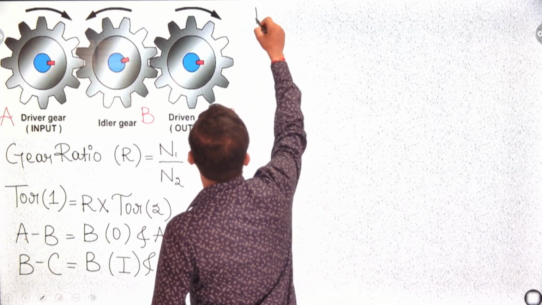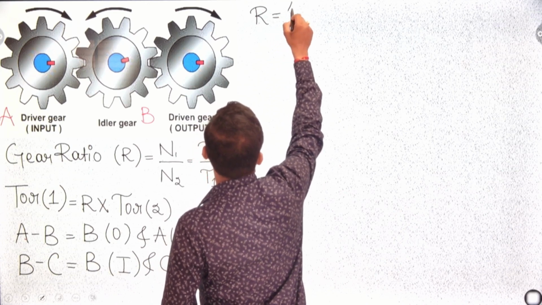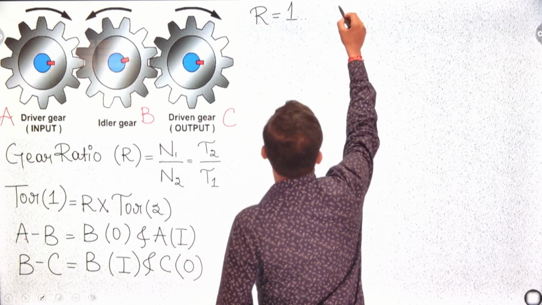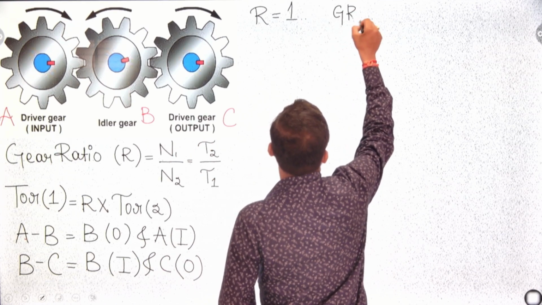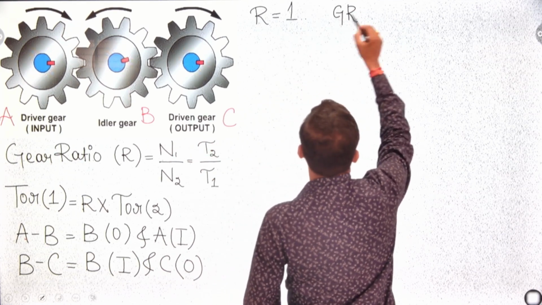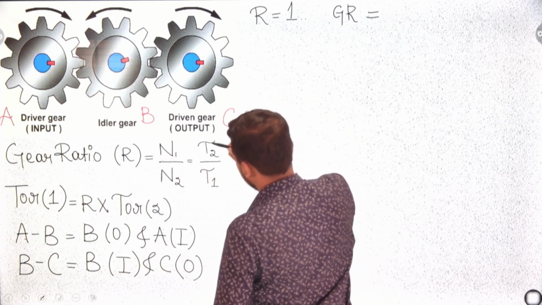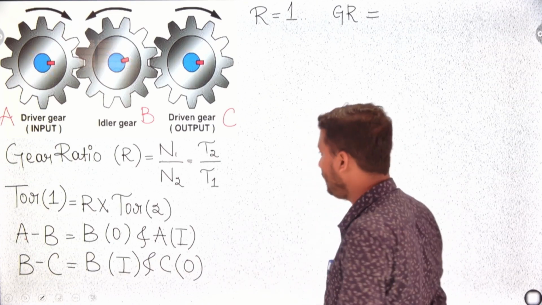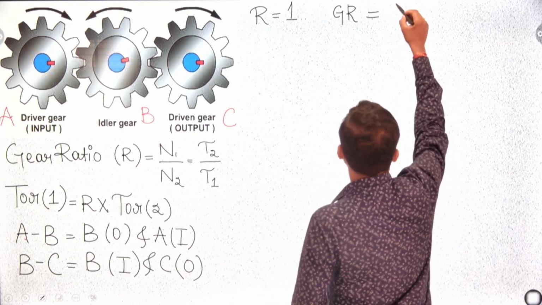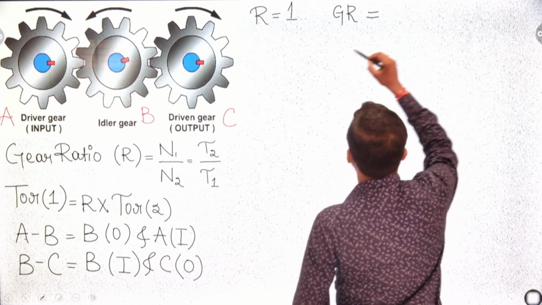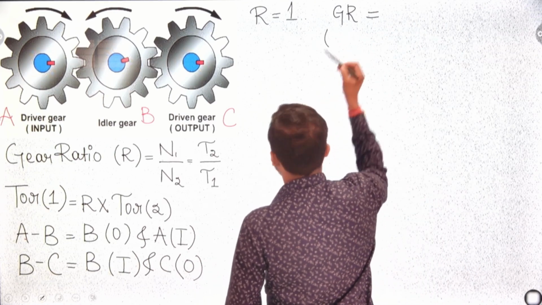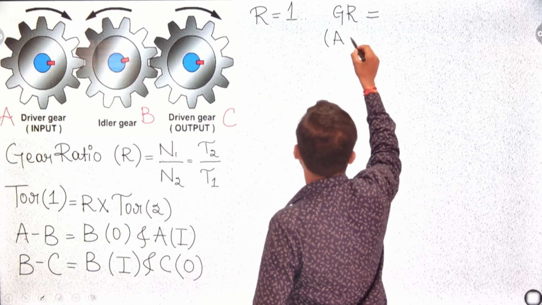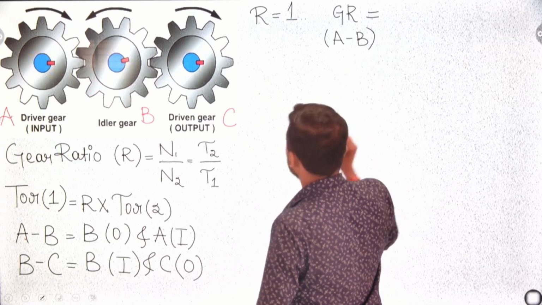That means the gear ratio will be 1. How does it become 1? Just look over here: the gear ratio GR, or R, is equal to T2 by T1. Take the condition of A and B, where B is output.